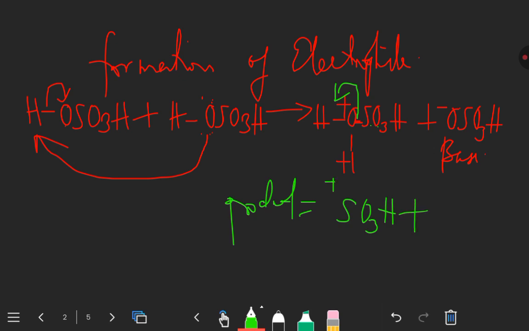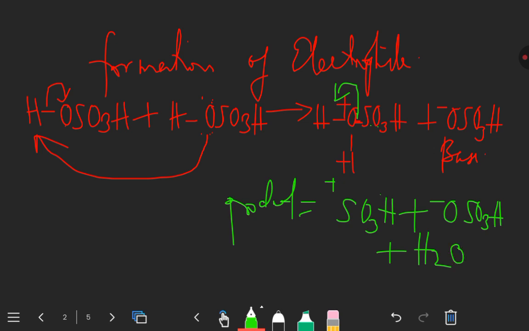Then we're going to have, of course, our base, which is negative OSO₃H, plus also the water which left. So these are our products.